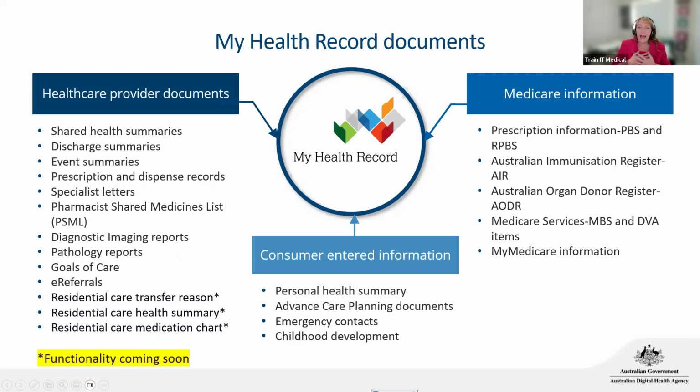I'm sure some people don't have a carer with them, a daughter, or as I call myself in this context, an authorised representative. So possibly at the moment it's on paper, but the goal is you won't need to do that. You'll upload it and the hospital accesses it electronically. The hospital accesses the My Health record, and I'll tell you a little bit later how I know that. So these are all the healthcare provider documents.